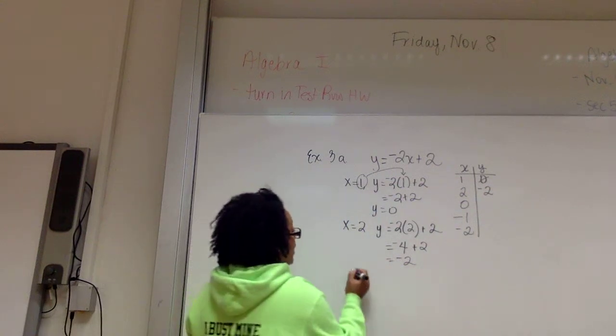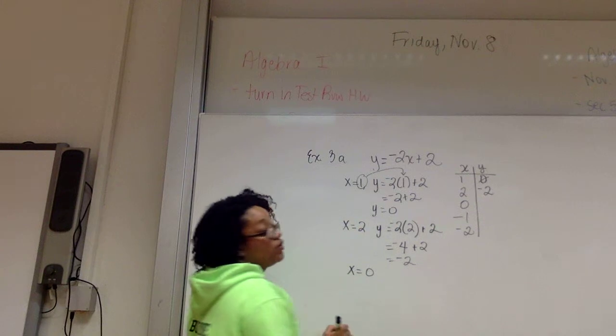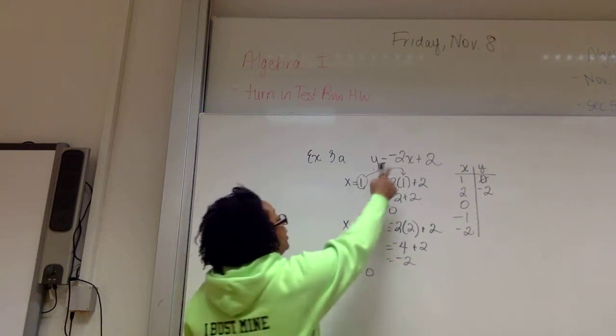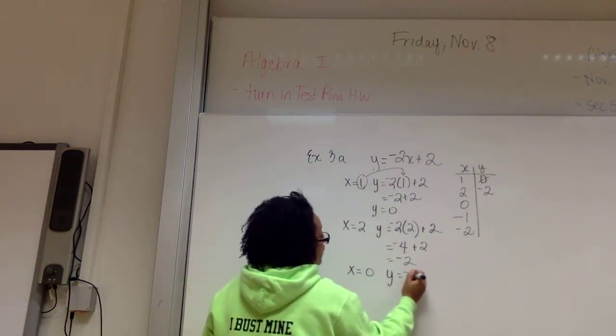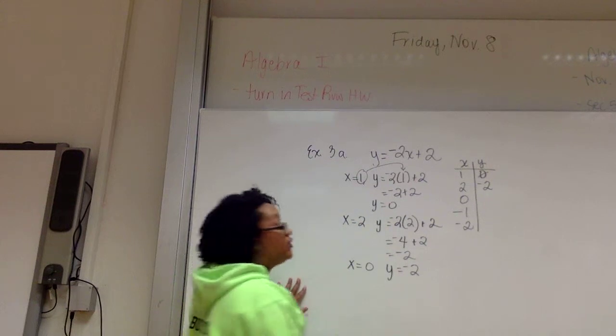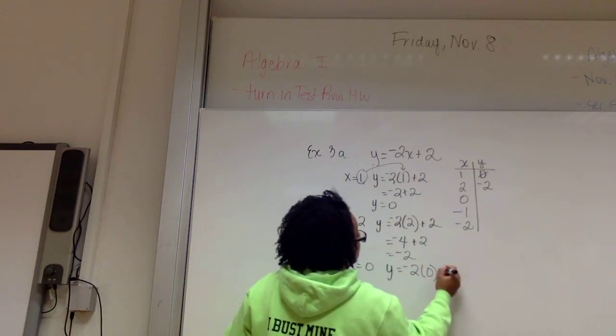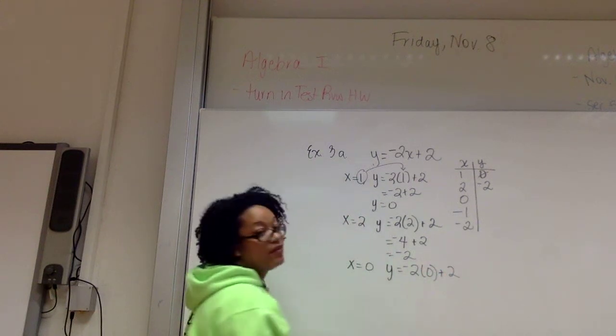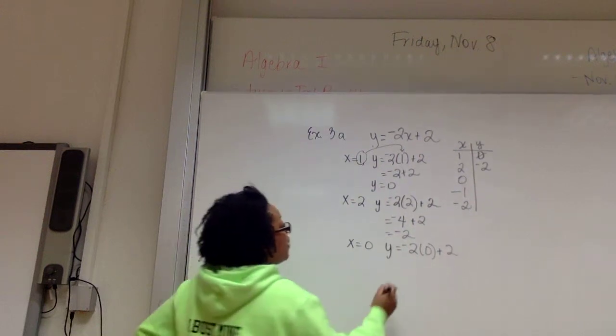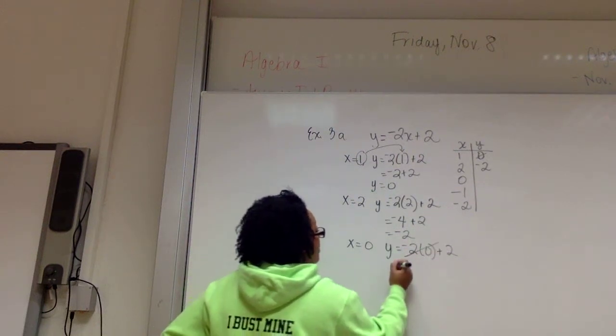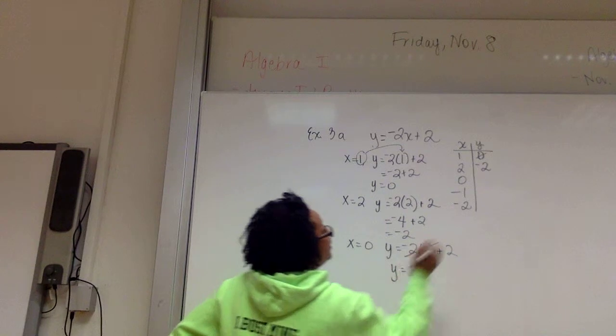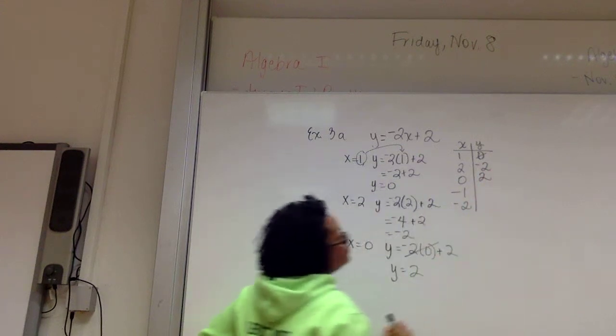Now, X is equal to 0. Plug it in. When X is equal to 0, that's negative 2 times 0 plus 2. Well, anything times 0 is 0. So that whole thing is gone. My Y is just 2. So I'll put my 2 right there.